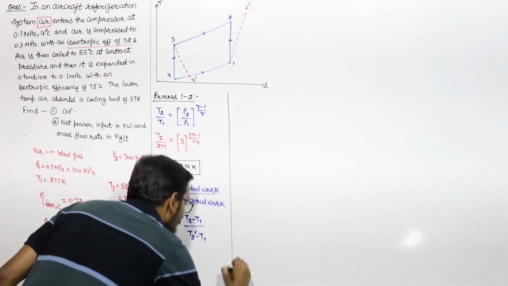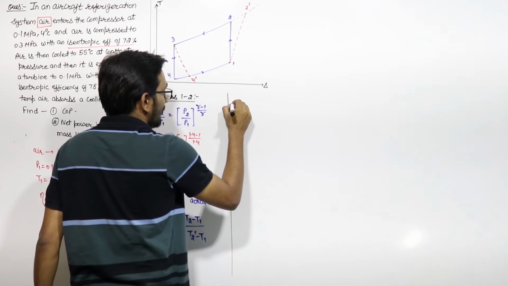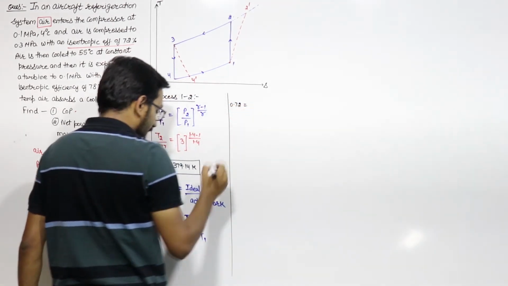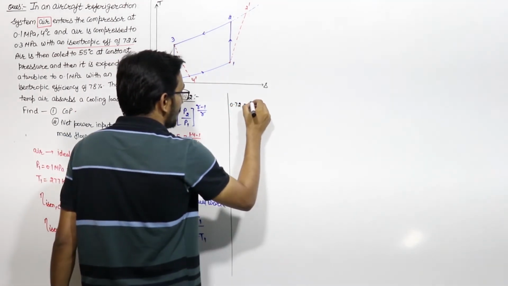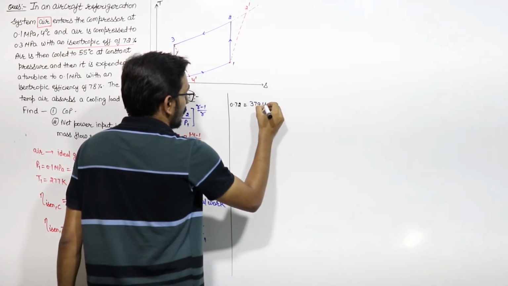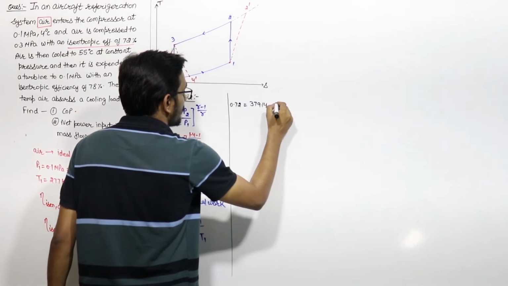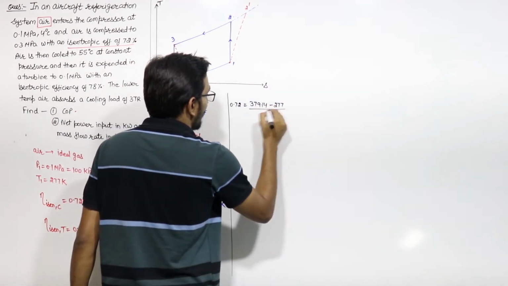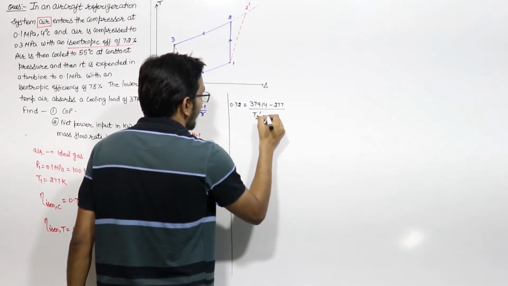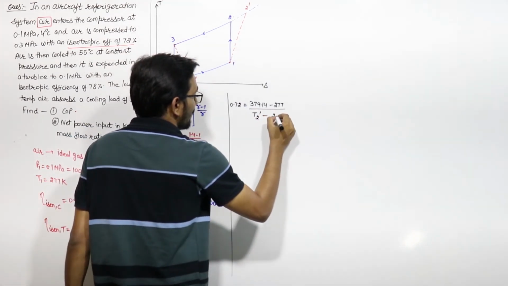So you can write it like this: 0.72 is equal to T2, 379.14, minus T1, 277, divided by T2 dash minus T1, 277.